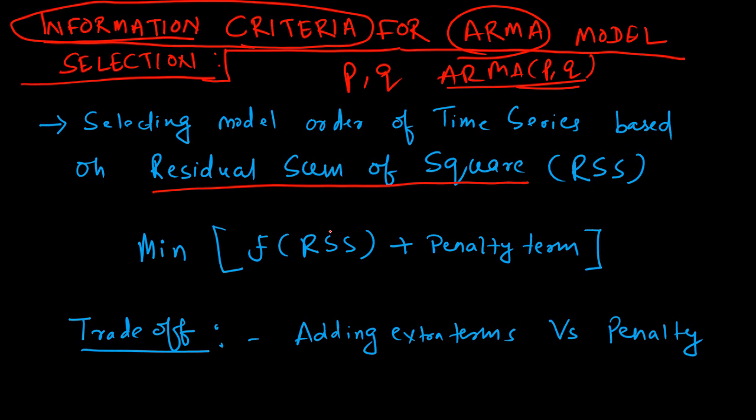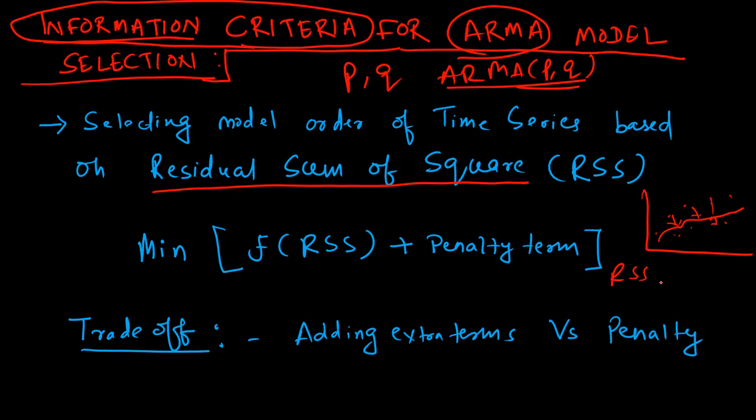Remember what is residual sum of square. In a typical regression framework, let's say you have several data points like this, and you are fitting some sort of a line which passes through these data points. The difference between the data points and the given line or curve that you are fitting, when you take the square of that difference, or square of those residual terms, and take the summation of that, it's pretty much what your RSS is.